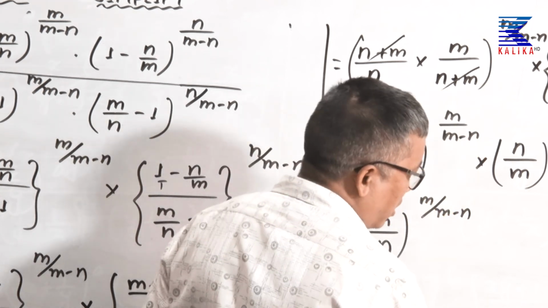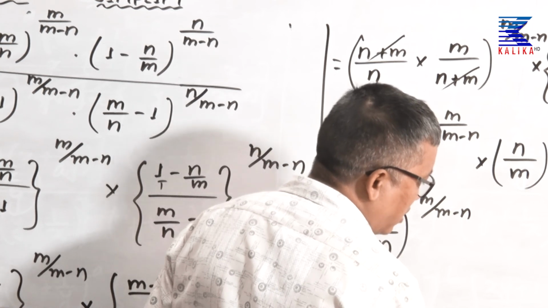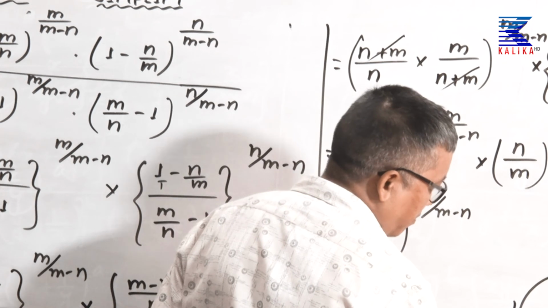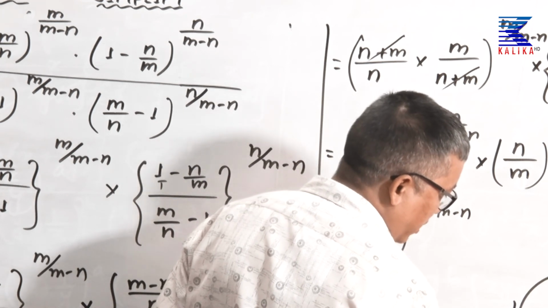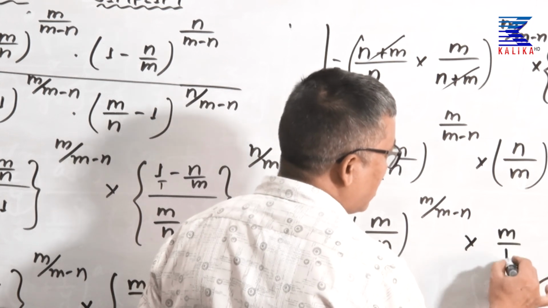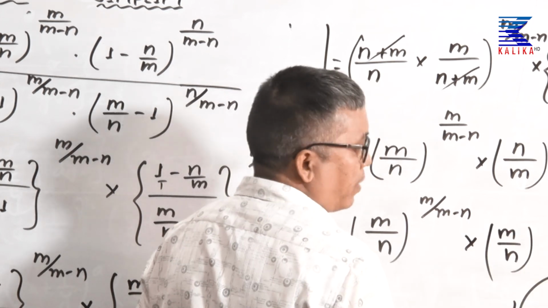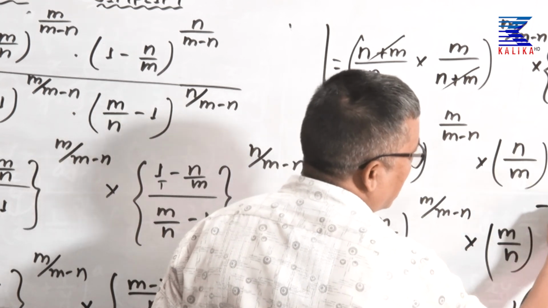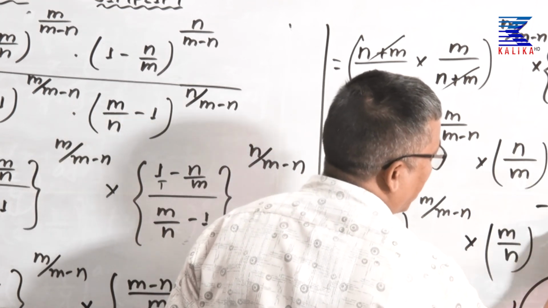How? a square by b square, this means (a/b)^2; if b is up, then it is (b/a)^(minus 2). Similarly, here m by n, if the base is changed to m by n, then the power will be like this, n by m minus n.